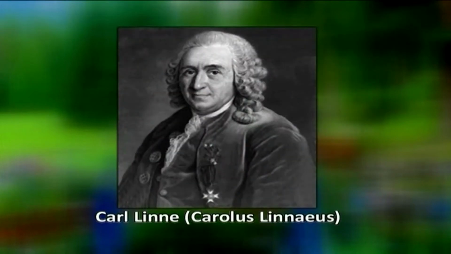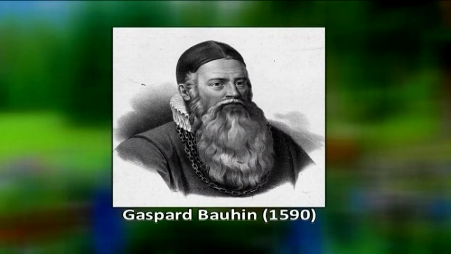Contributions of the Swede, Carl Linnaeus, usually latinized as Carolus Linnaeus, to the science of taxonomy are so vast as to entitle him as father of taxonomy. He popularized and customarized the binomial system of nomenclature that had already been proposed and designed by Gaspard Bauhin in 1590 but not followed with consistency.